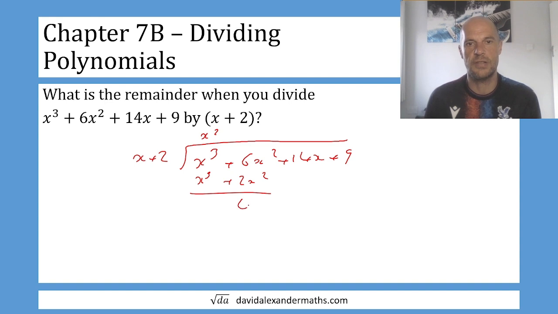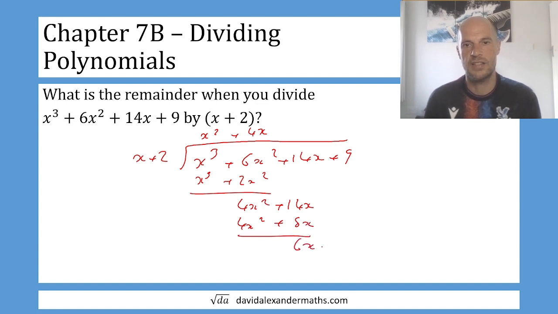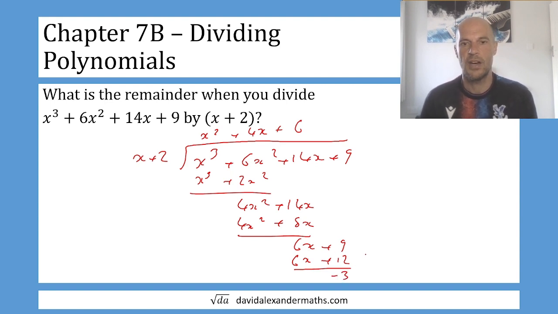Do a subtraction, that's 4x squared, bring down the 14x, divide this by x, that's going to be plus 4x. 4x times x is 4x squared, 4x times 2 is 8x, do a subtraction, 6x plus 9. 6x divided by x is 6, 6 times x is 6x, 6 times 2 is 12, do a subtraction, 9 take away 12 is minus 3. Okay, so here the remainder is negative 3.